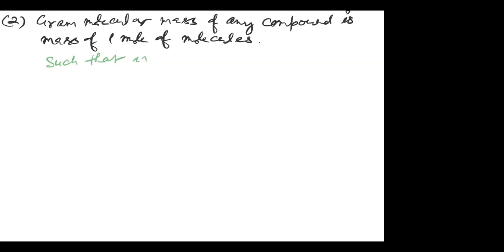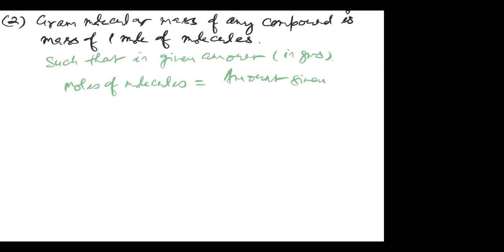Such that in a given amount, where the amount may be given in grams, moles of molecules should be equal to the amount given in the unit of grams divided by the gram molecular mass.